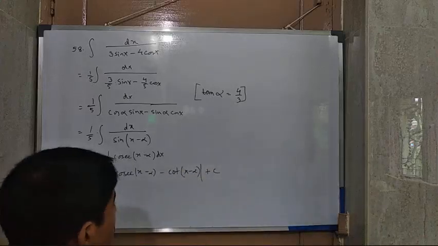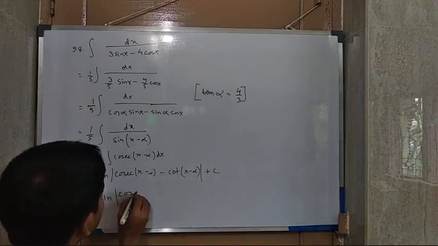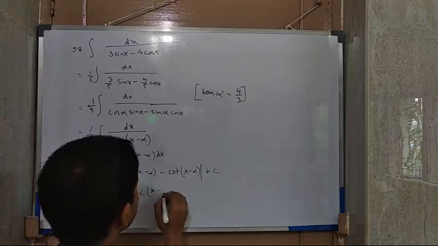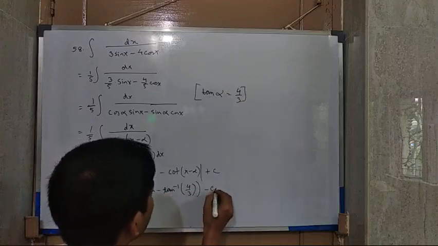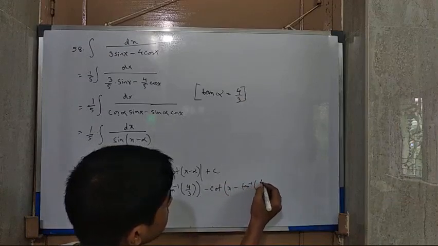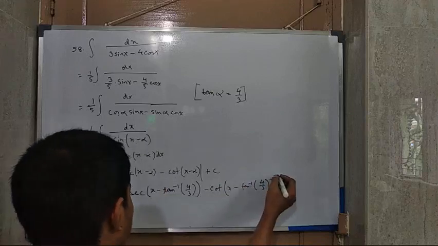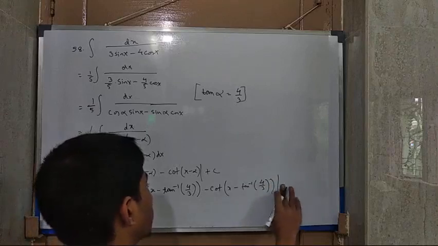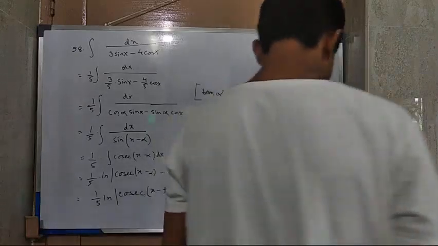So you can write it as 1/5 ln of cosec x minus tan inverse 4/3 minus cot of x minus tan inverse 4/3 plus c. So this is our final answer for the question number 58.